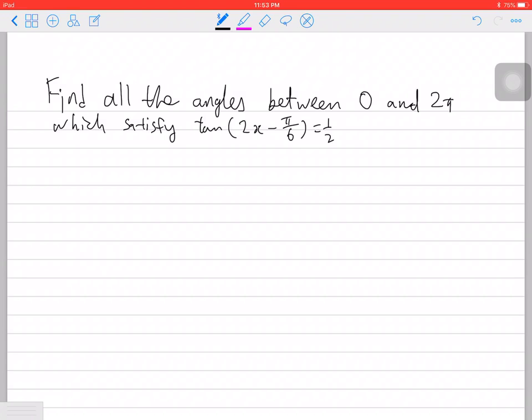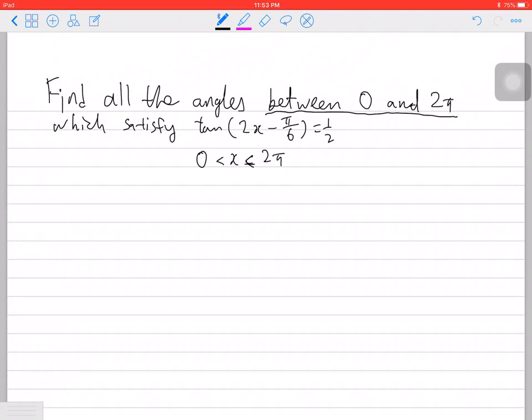So since over here we are given the range of 0 and 2 pi, which means that the range of x is between 0 and 2 pi.